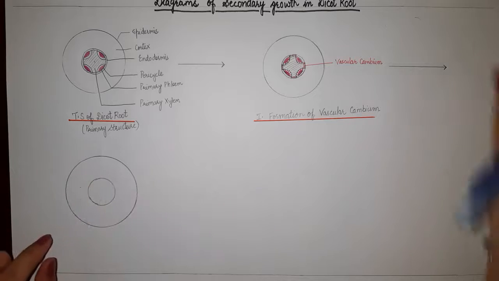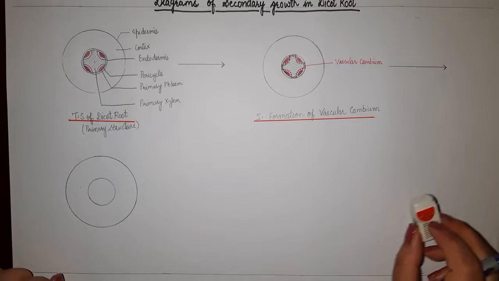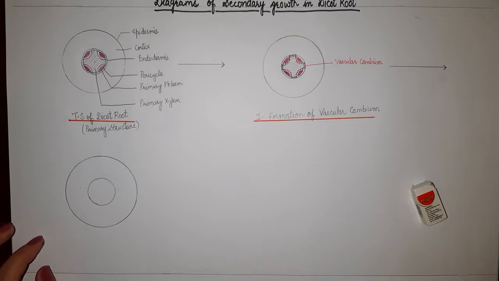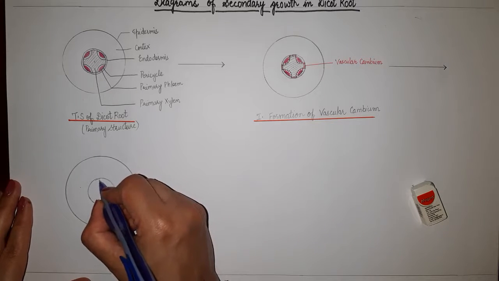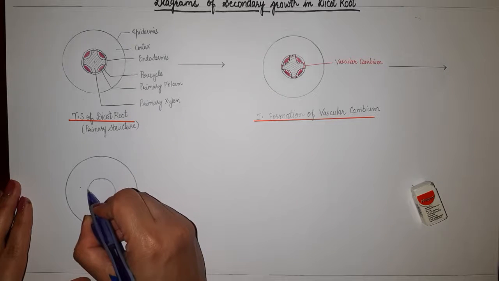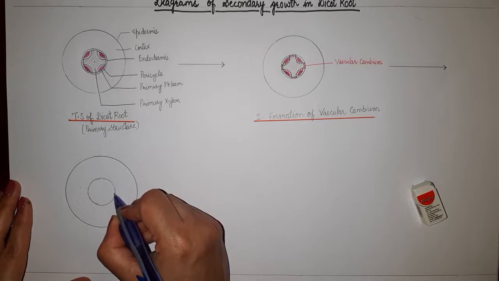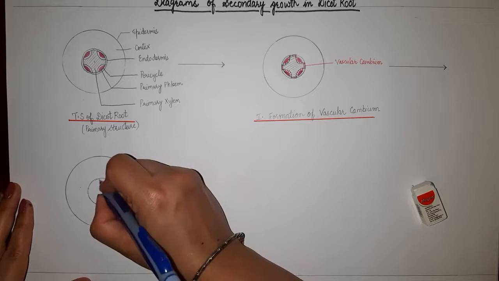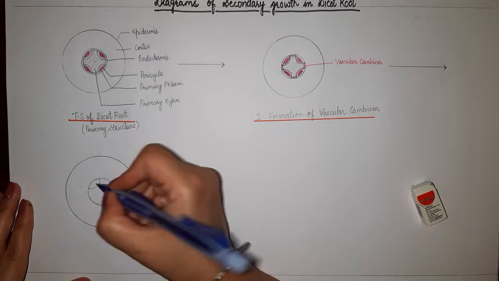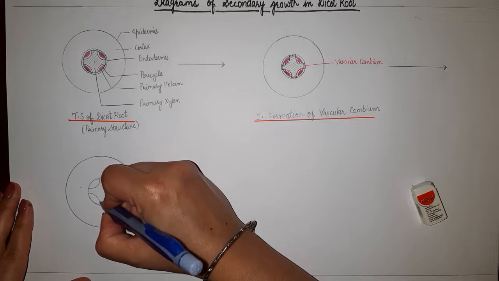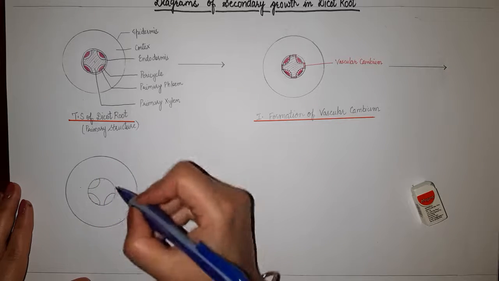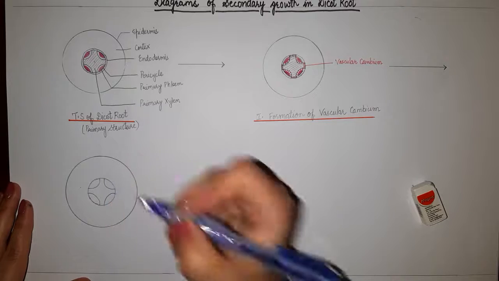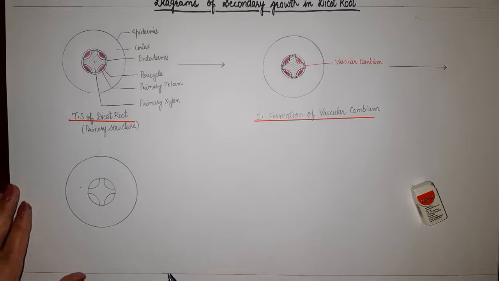In the center, we will demarcate the phloem region. They should be slightly broader.